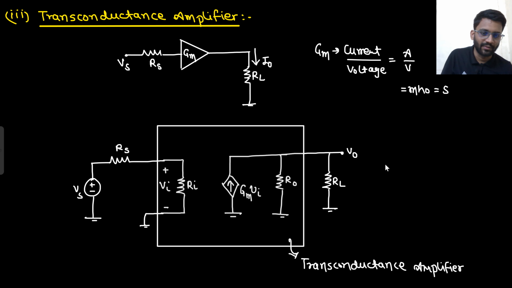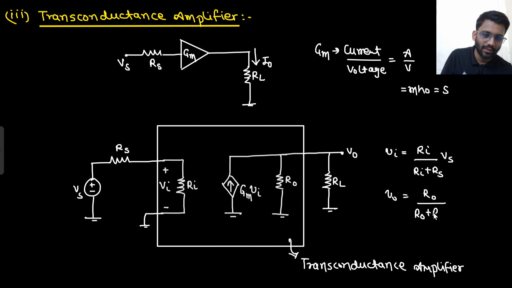What will be your V naught? V naught will be R naught upon R naught plus RL into the current source, because the current will be divided in inverse proportion, GM into V in.